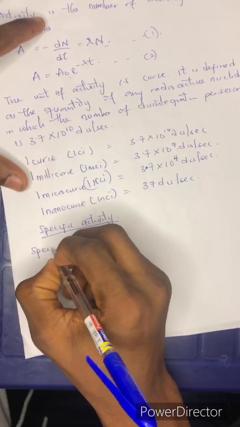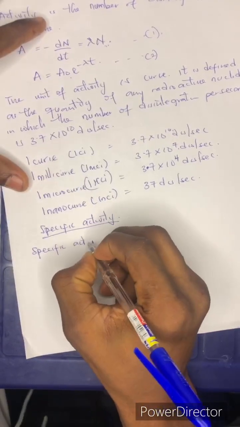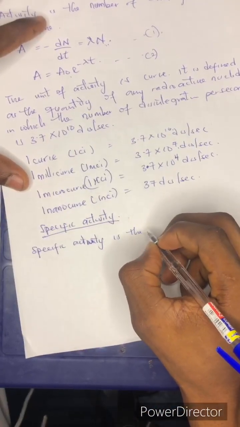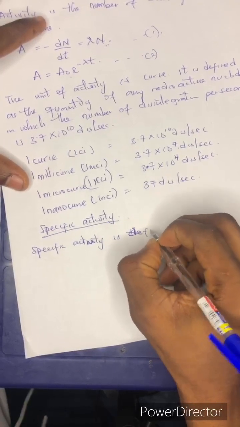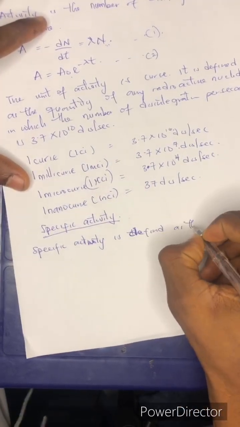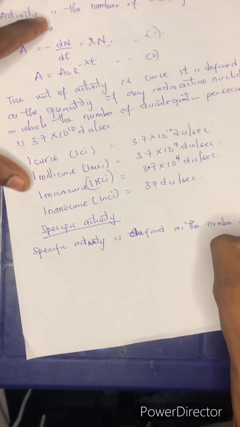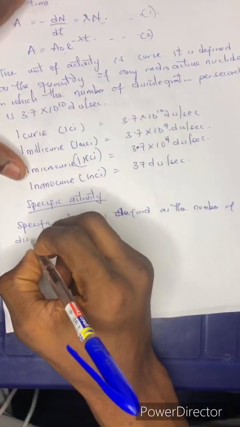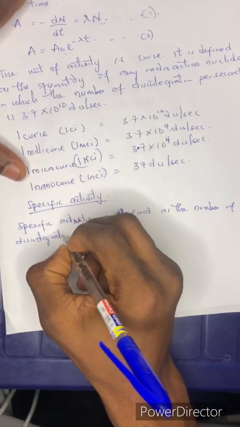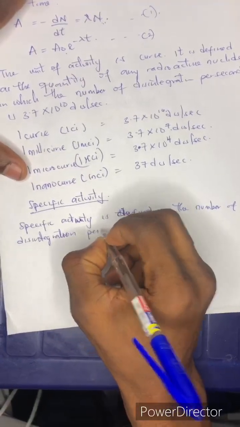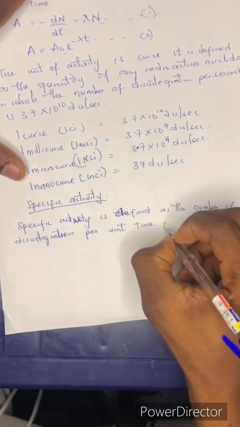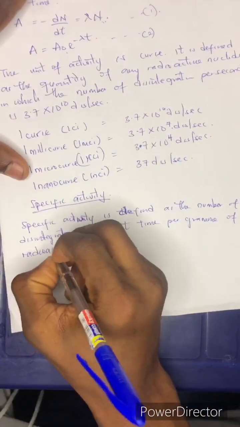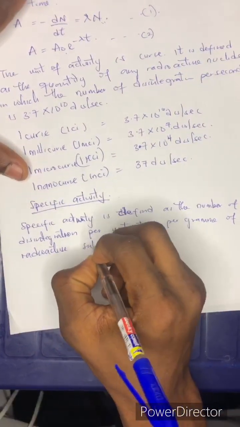Specific activity is defined as the number of disintegration per unit time per gram of radioactive substance.